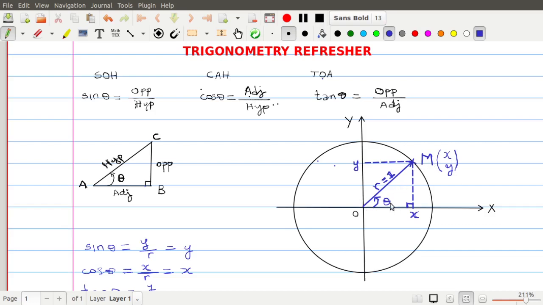So using the fact that we can construct an angle at the point O, with X and M, we have a right triangle, because we use the orthogonal projection. So OXM forms a right triangle, and we can apply the definition of the sine, cosine, and tangent for this given angle, theta.